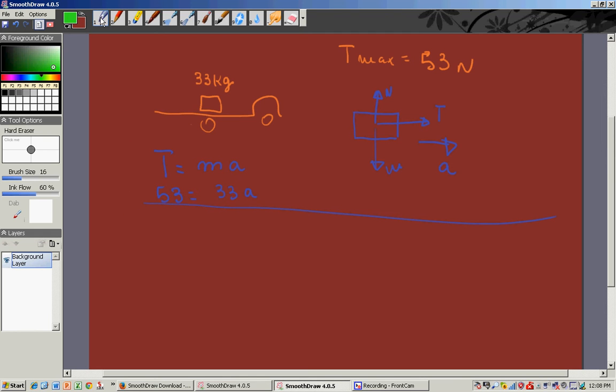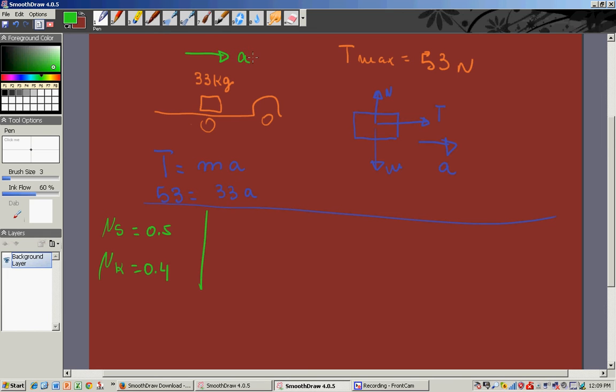Let's assume a situation which is quite common: you have just the crate in there, and there is friction. You have static friction with a coefficient of static friction, and you also have kinetic friction with a coefficient of kinetic friction.